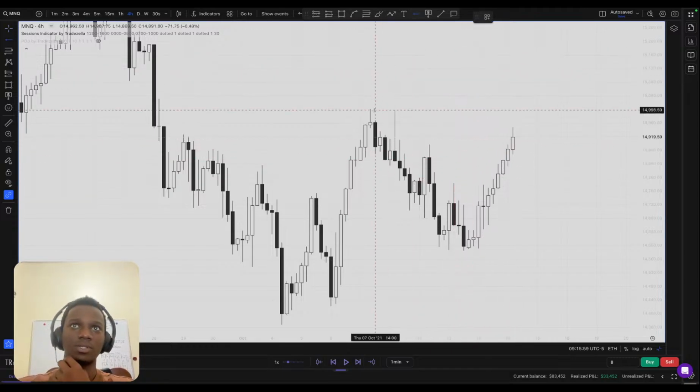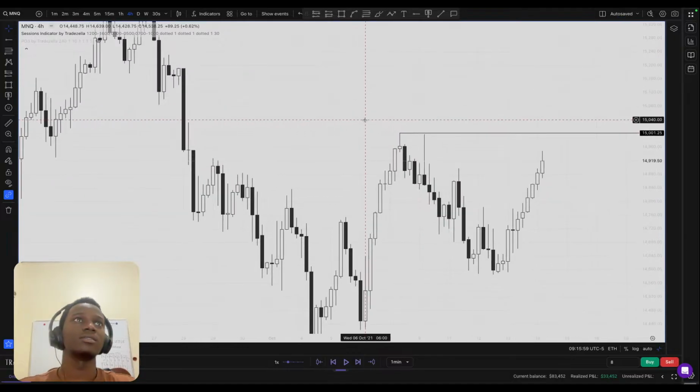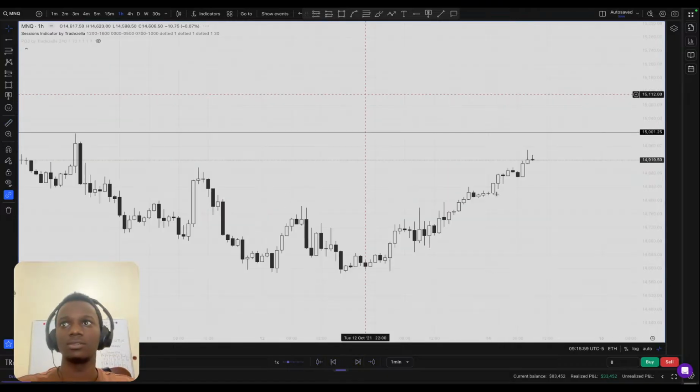Okay, so since price is moving bullish, then we'll be targeting the highs here. Which are how many points away? 85 points away.